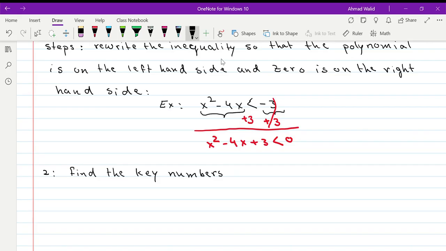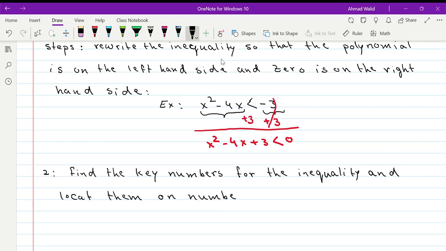Find the key numbers for the inequality and locate them on the number line. This is your step 2.